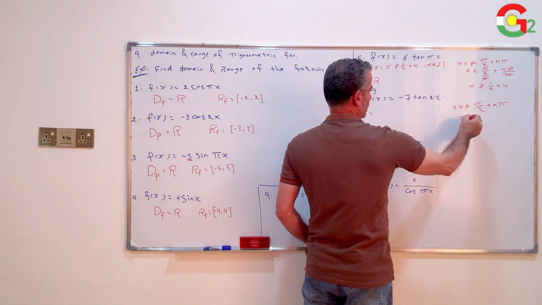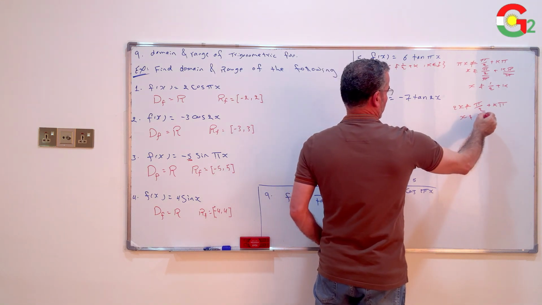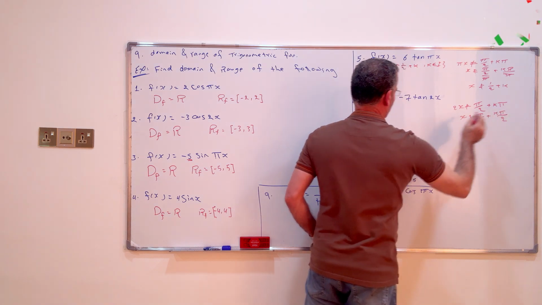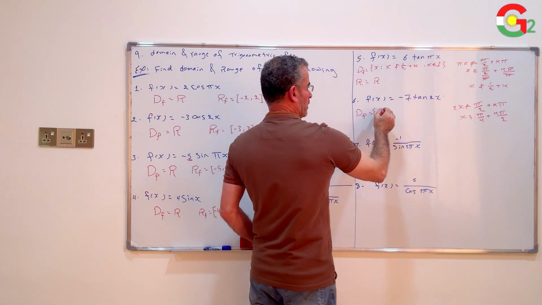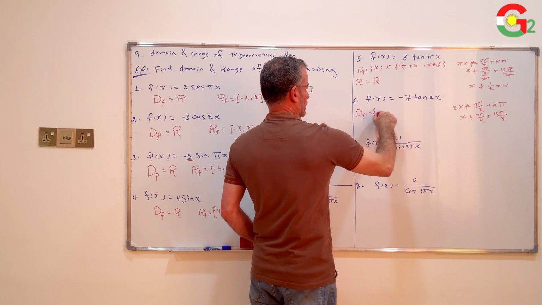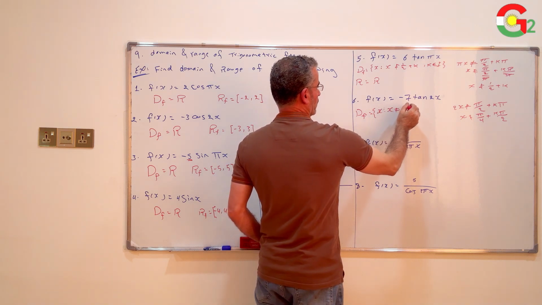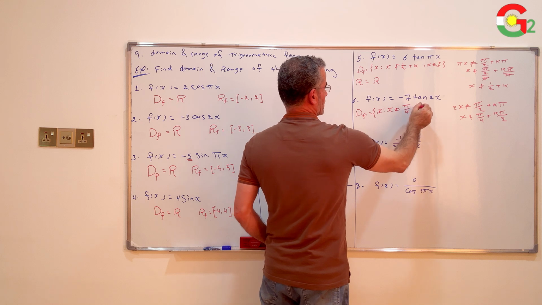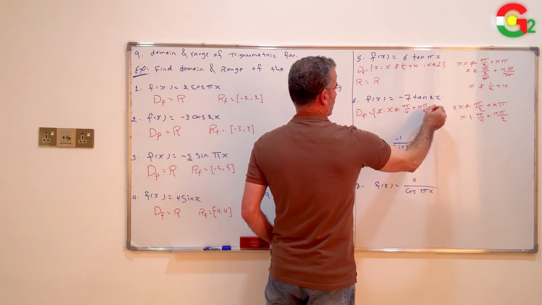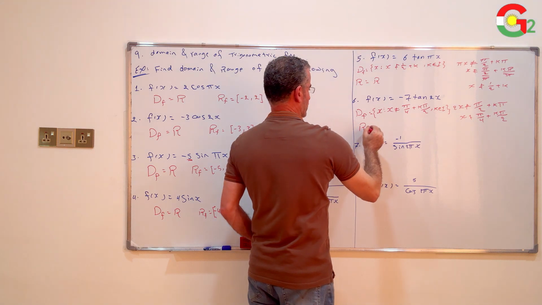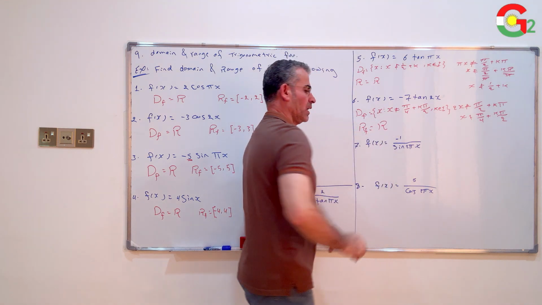Divide by 2, then x not equal pi over 4 plus k pi over 2. Then the domain will be x, where x not equal to pi over 4 plus k pi over 2, k is any integer number. And the range of f is all real numbers.